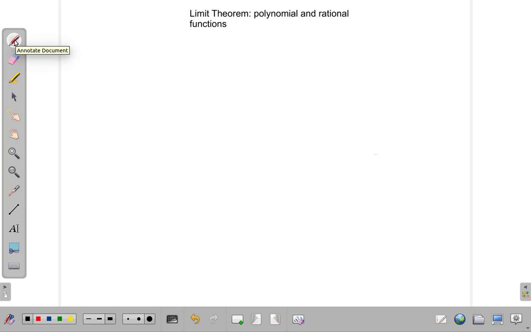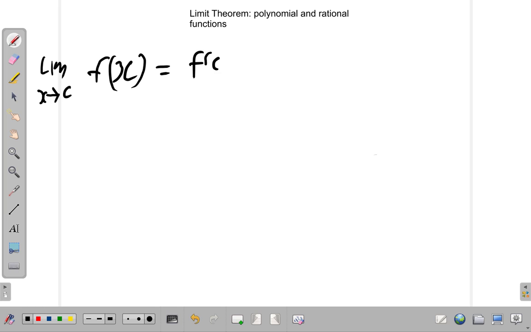Now the thing is this. If you have a function, for example, f of x, now the limit as x approaches a number c of f of x is equal to f of c. See that?